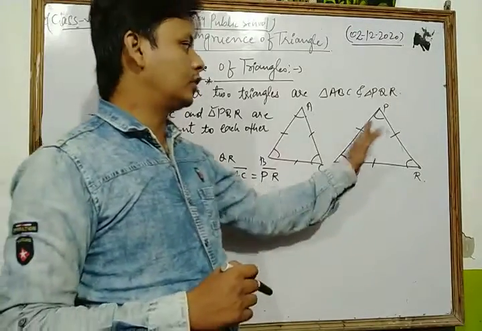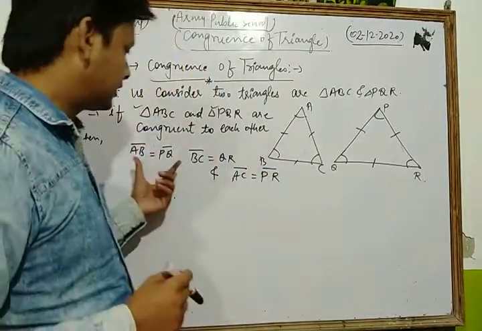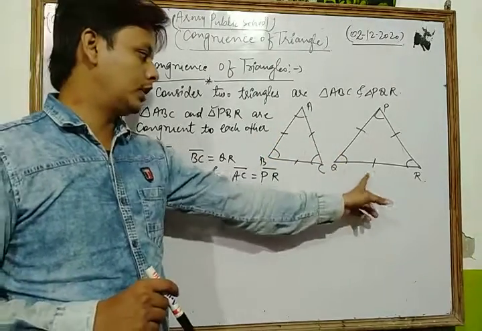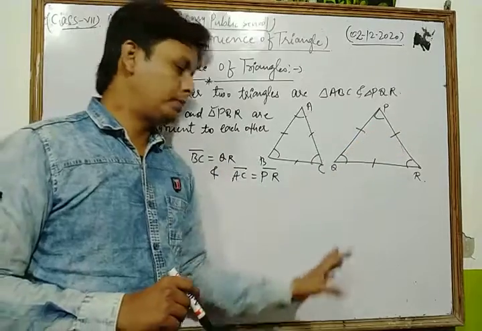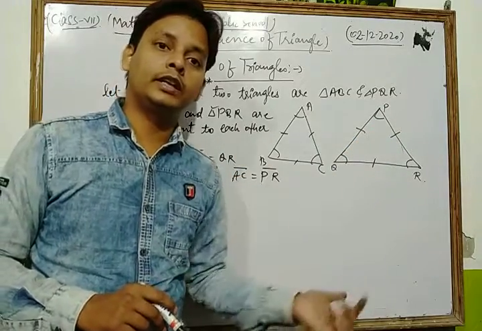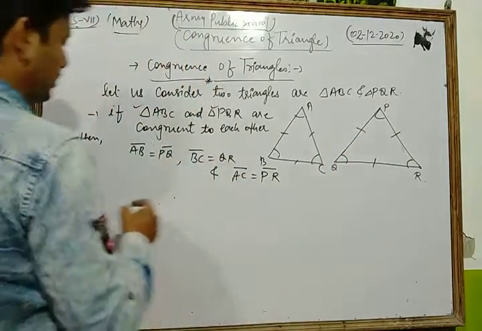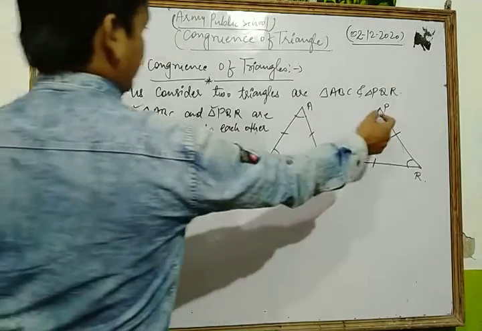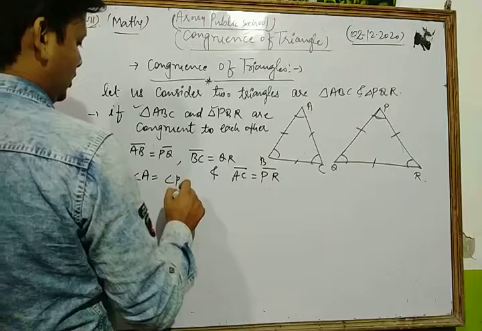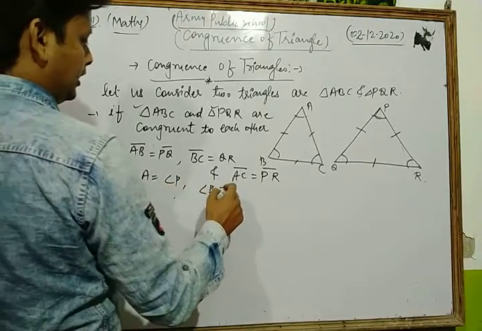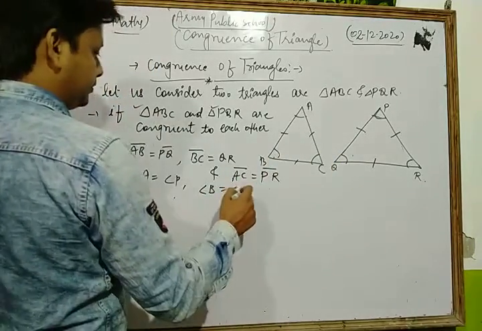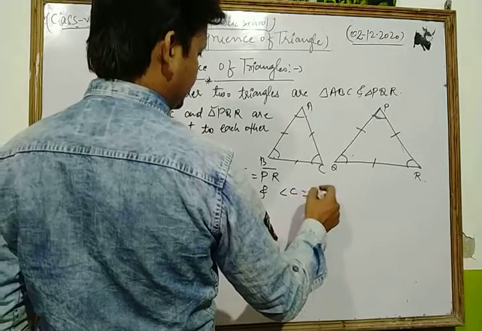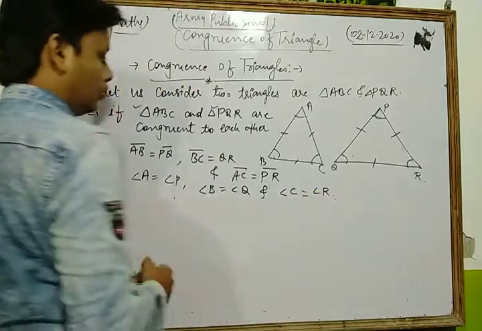Now dear students, two important conditions are there. If both are congruent to each other, then their corresponding sides are equal, meaning AB is equal to PQ, BC is equal to QR, and AC is equal to PR, as well as their corresponding angles are also equal, meaning angle A is the same as angle P, angle B is the same as angle Q, and angle C is the same as angle R. Okay, students.